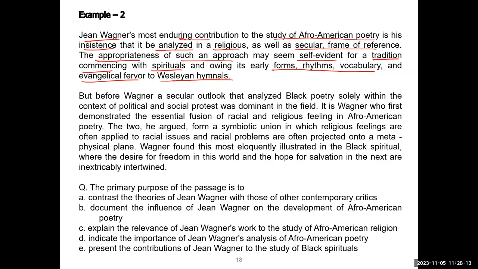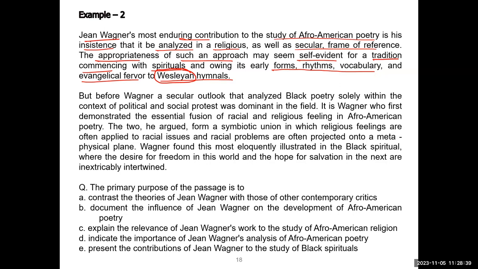Wesleyan is the name of a place. So the hymns that were sung at this place, those religious songs, they are the foundation on which Afro-American poetry is based. If you look at the form, the rhythm, the vocabulary, all of them come from religion.